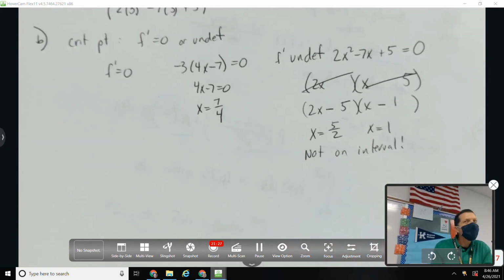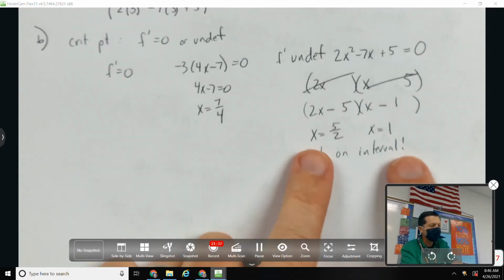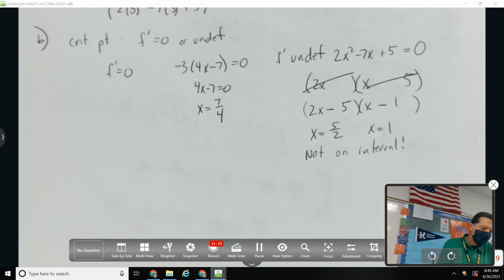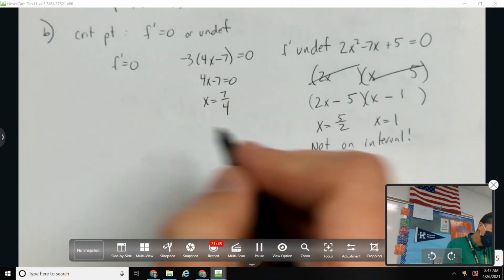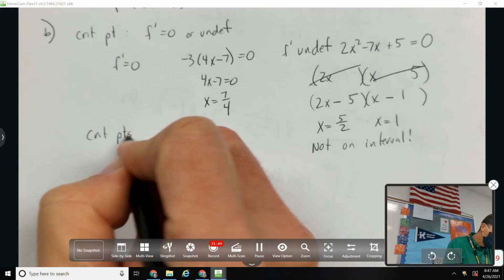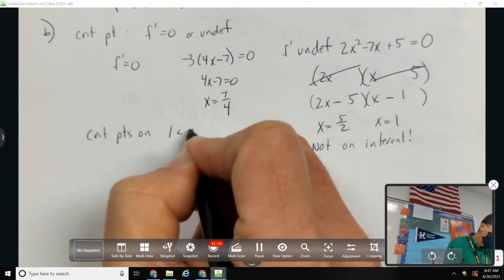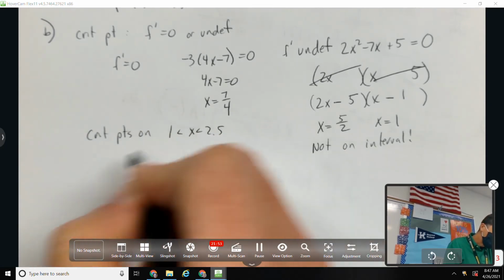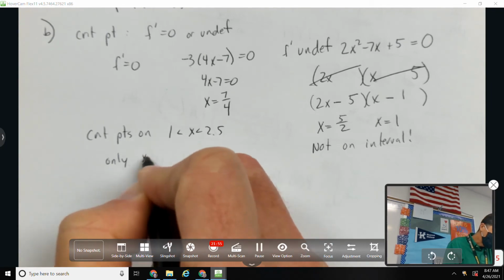I mean, they're almost there, but because of the not equal sign there, we can throw those out. And man, that's a big hint that we're doing this problem right, that we landed exactly on the endpoints. That seems not an accident. So I don't have to worry about those. So the only critical point on 1 to 2.5 is x equals 7/4.